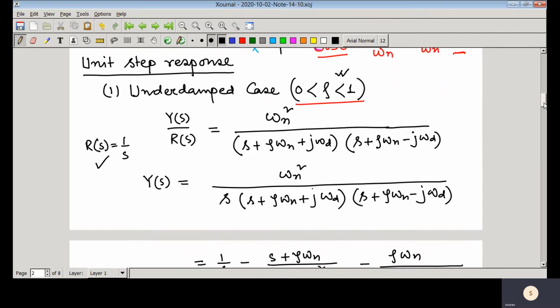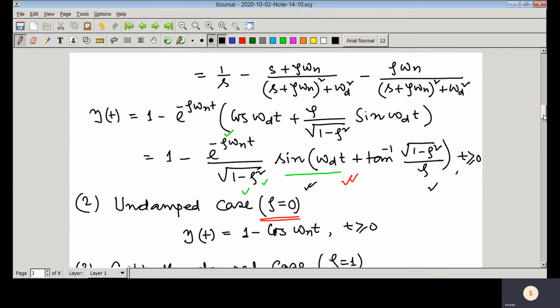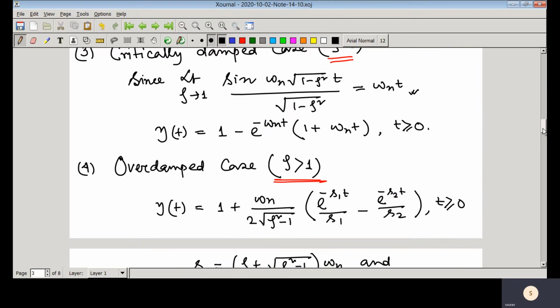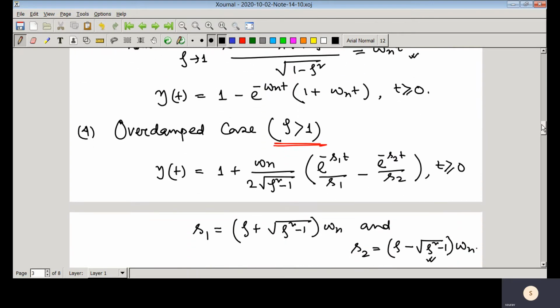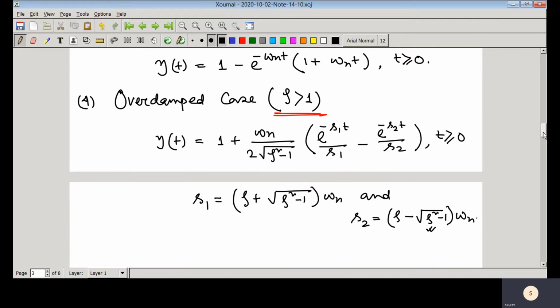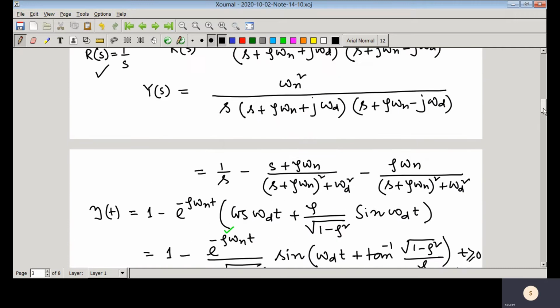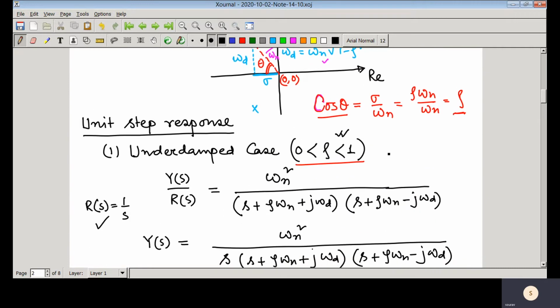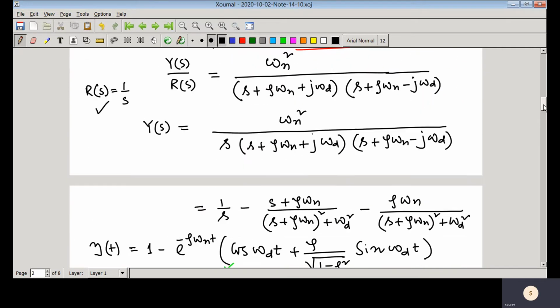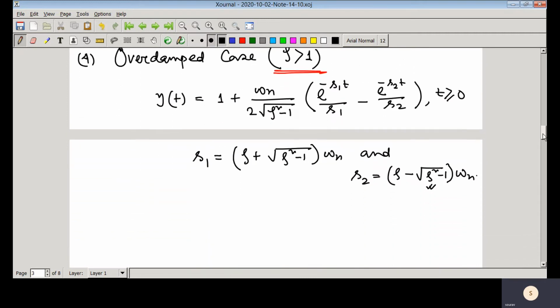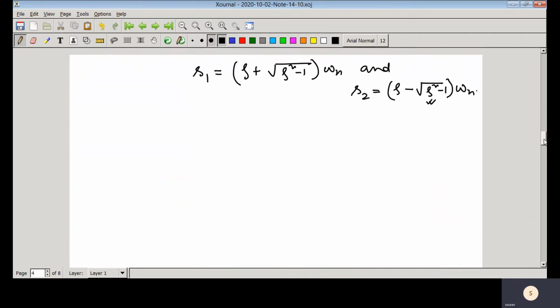The first case is the underdamped case, the second case is the undamped case, the third one is the critically damped case, and this is the overdamped case. Among those 4 cases we will be considering the underdamped case in detail. So let us see what the response would be in the underdamped situation.